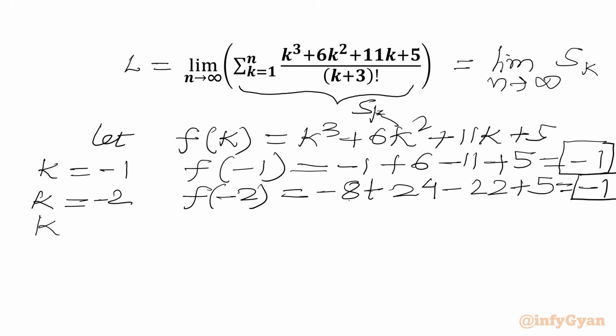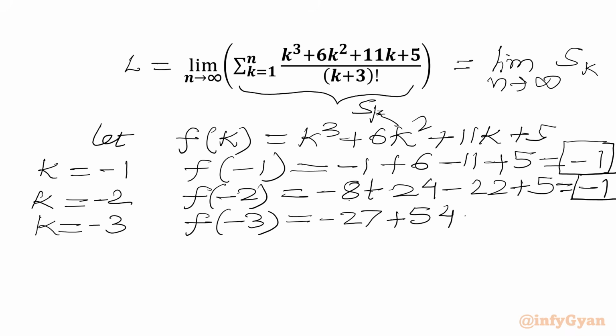We'll be putting k equal to -3 to find the value of f of -3. We can write -3 whole cube, minus 27, 6 times 9, 54, 11 times -3, minus 33, plus 5. We have 59 minus 60. Result is still the same, -1.